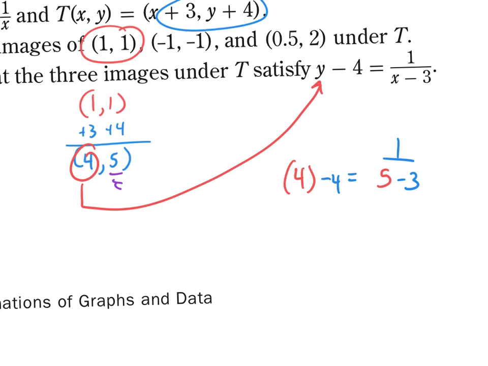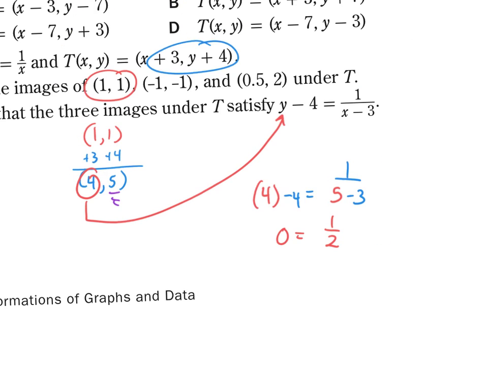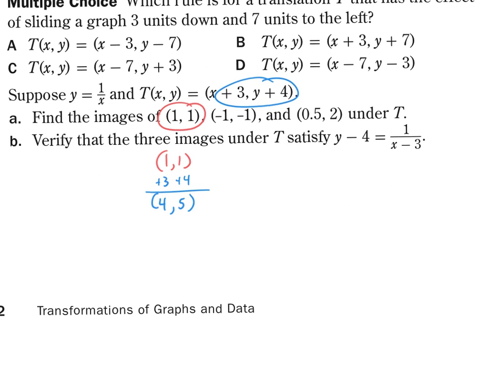And let's see what we get here. 0 equals 1 over 2. So here I messed up. All right, so now let's put not the 4, but the 5 there and the 4 there. Hashtag epic fail. So 5 minus 4 equals, I'm going to put a question mark because I'm not exactly sure about that. 1 equals 1 over 1, and 1 does equal 1. So now we're checking. Good.